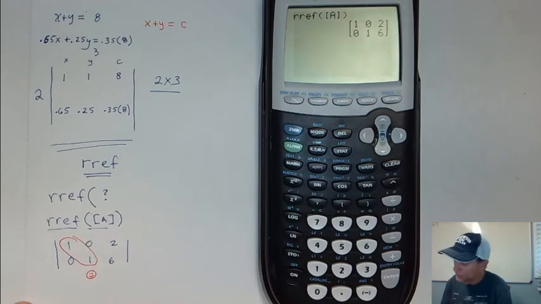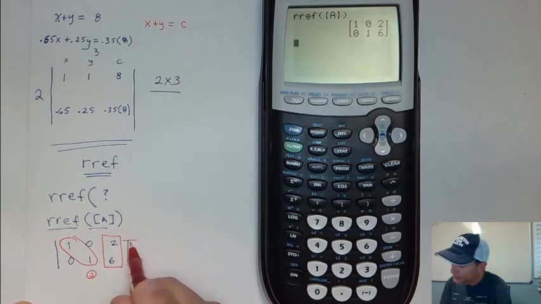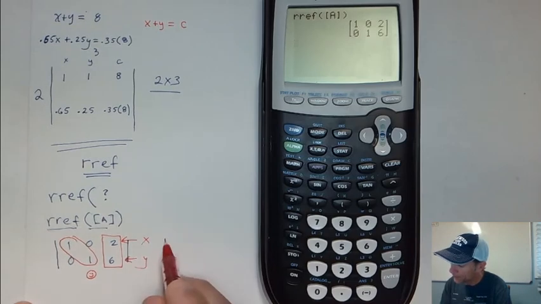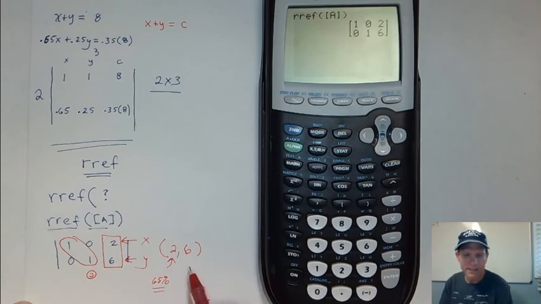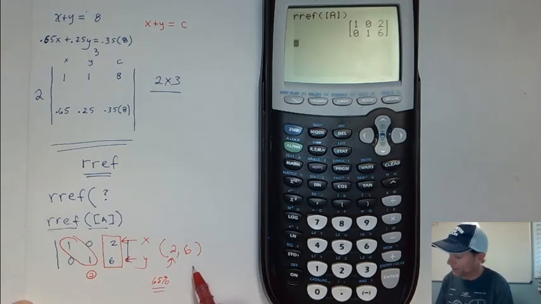Since I have good news, this is going to be my solution. This is my x value. This is my y value. And we already saw that we had these two solutions. It was 2 gallons at 65% and 6 gallons at, I believe, 25%.